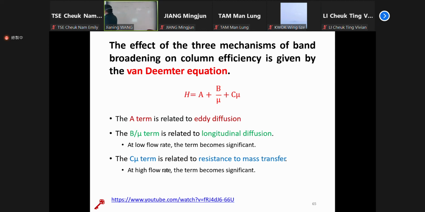And in C, the flow rate of the mobile phase also affects the total band broadening. So C is multiplied by mu, a relationship. But for B, the higher the velocity should reduce this part, right?